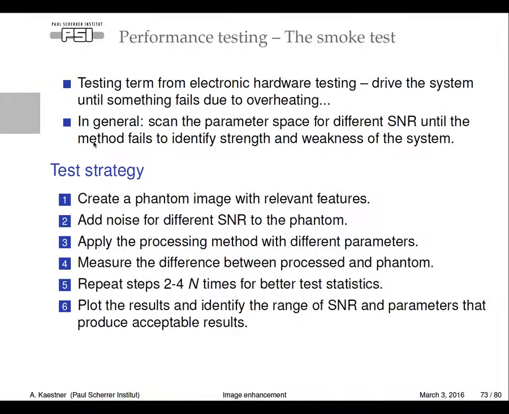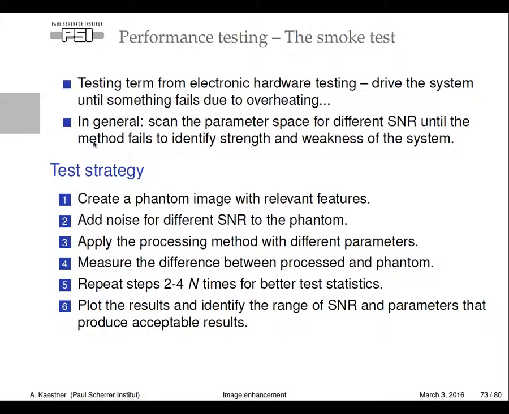Then we can come into different metrics. First of all, performance testing using the smoke test. In principle, that was something I learned with electronics, that when you have built your device, you want to see that it works.